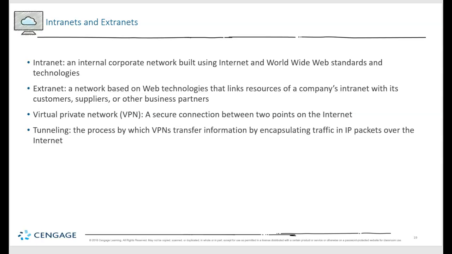But there are different types of internet. Well, there's an intranet, which a company can create as an internal network, using the same internet and World Wide Web standards, but it restricts access to within the company.